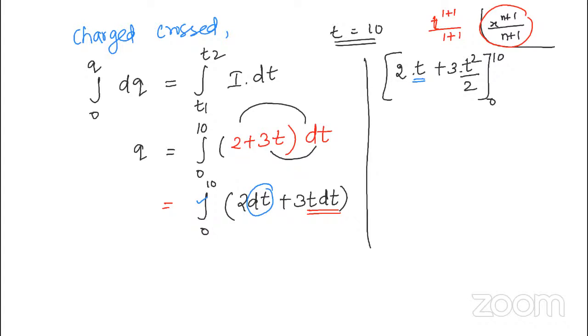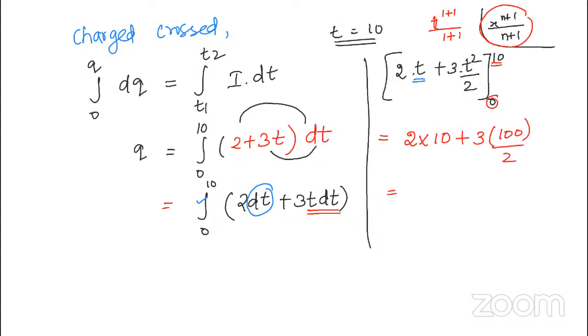Then we substitute the t value for the upper limit and lower limit. Here the lower limit is 0, so there is no problem. We write it only for the upper limit. So 2 into the value of t, the upper limit, that is 10, plus 3 into t square, that is 10 into 10, 100 divided by 2.